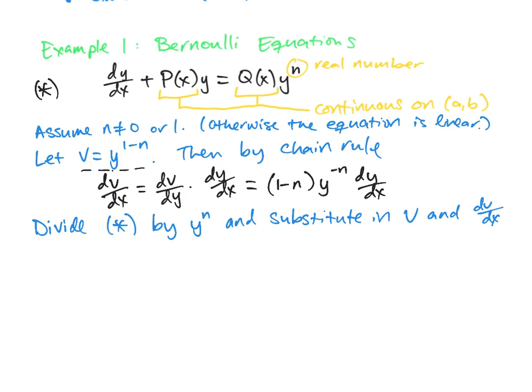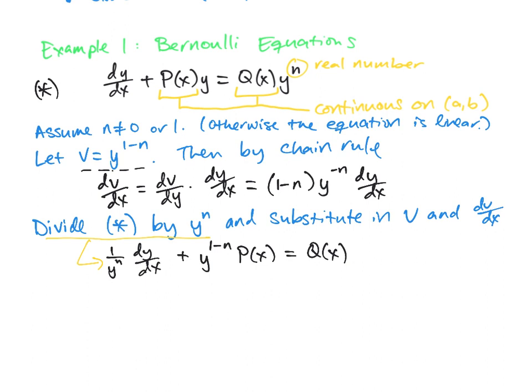First let's do that division, and we get 1 over y to the n dy/dx plus y divided by y to the n, which is y to the 1 minus n, p of x equals q of x. Okay, so that's from this step right here.